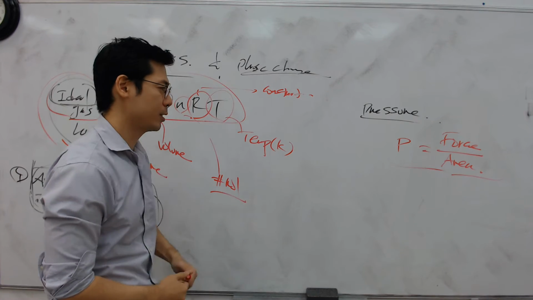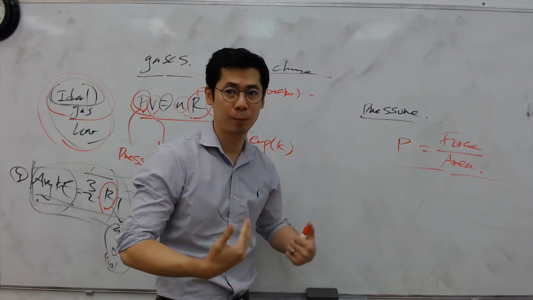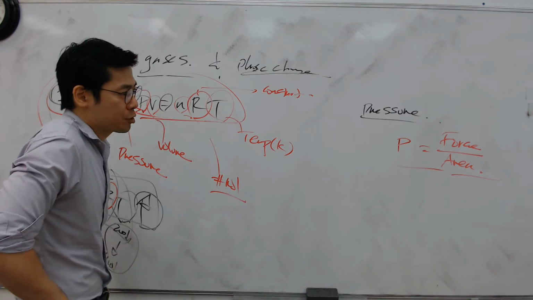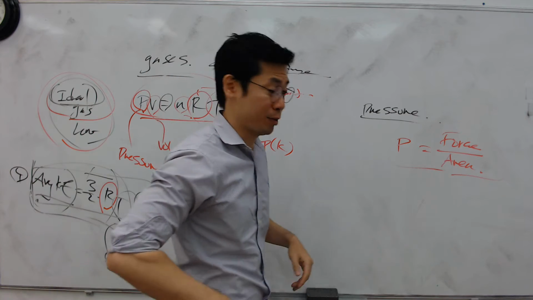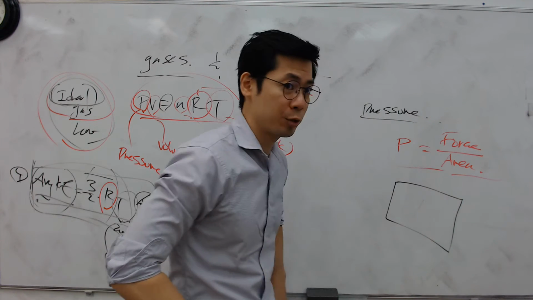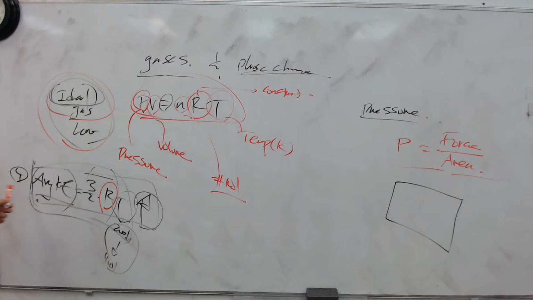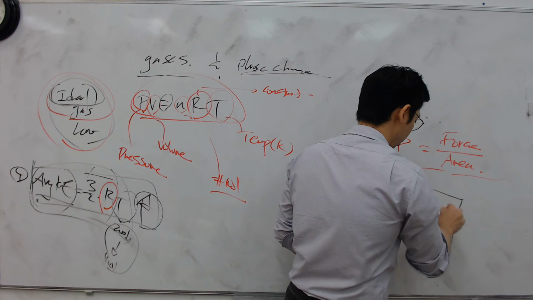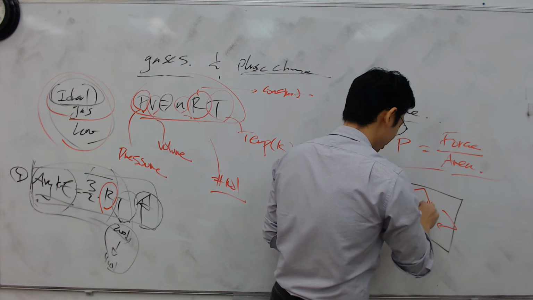So how can a gas particle exert pressure? How does it work? Pressure is basically this: you have a container, and the gas particles move around. At a certain temperature, they have some kind of speed. As they move, what happens? They bounce off the wall and exert some pressure on the wall.